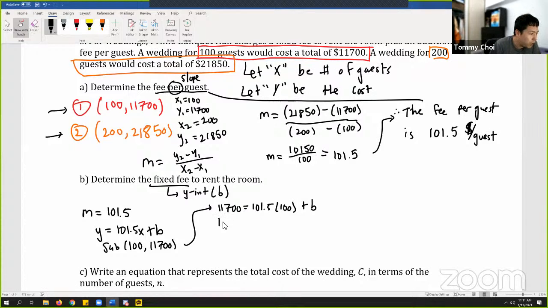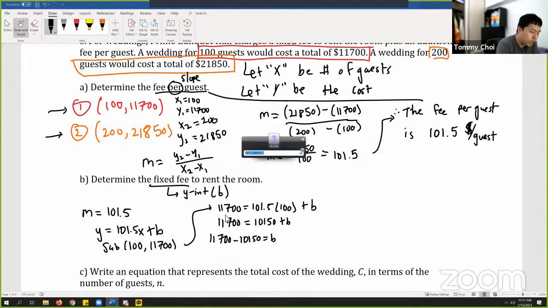From here, we multiply it out, so 11,700 is equal to 10,150 plus b. We move the 10,150 to the left side, and we're going to get our next answer. We get 1,550 is equal to b.